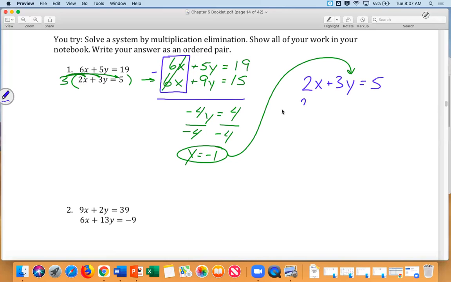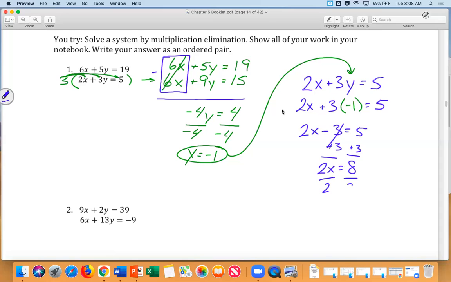So I have 2x plus 3 times -1, which is -3. So I have 2x minus 3 equals 5. Add 3. 2x equals 8. And then divide by 2. We get x equals 4.